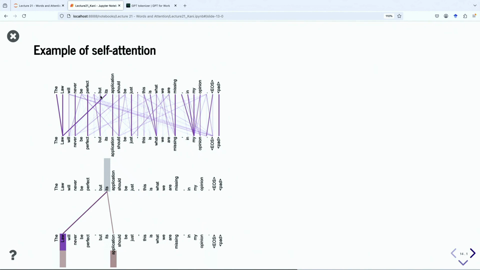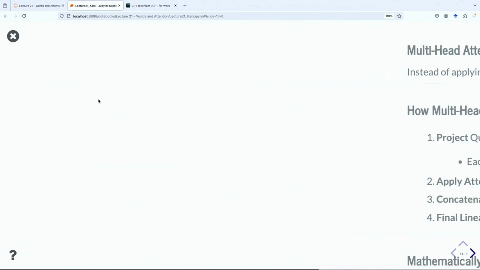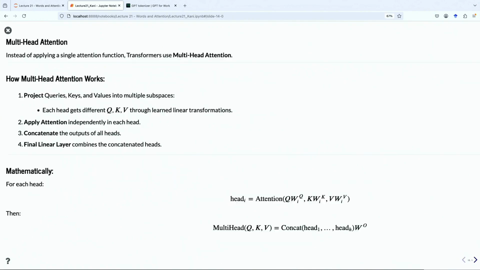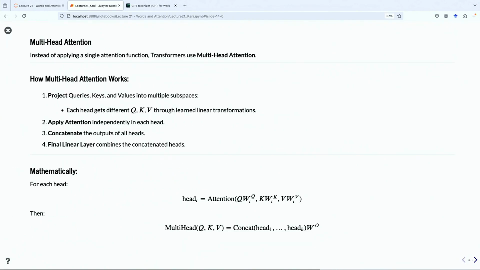Okay? And it's useful because you could actually see that the model is understanding that "its" is referring to law and no other tokens.